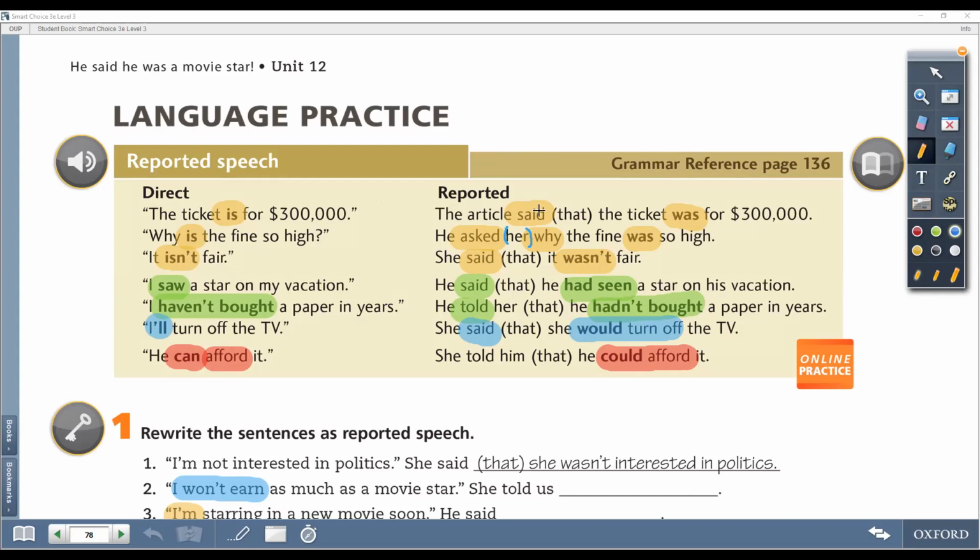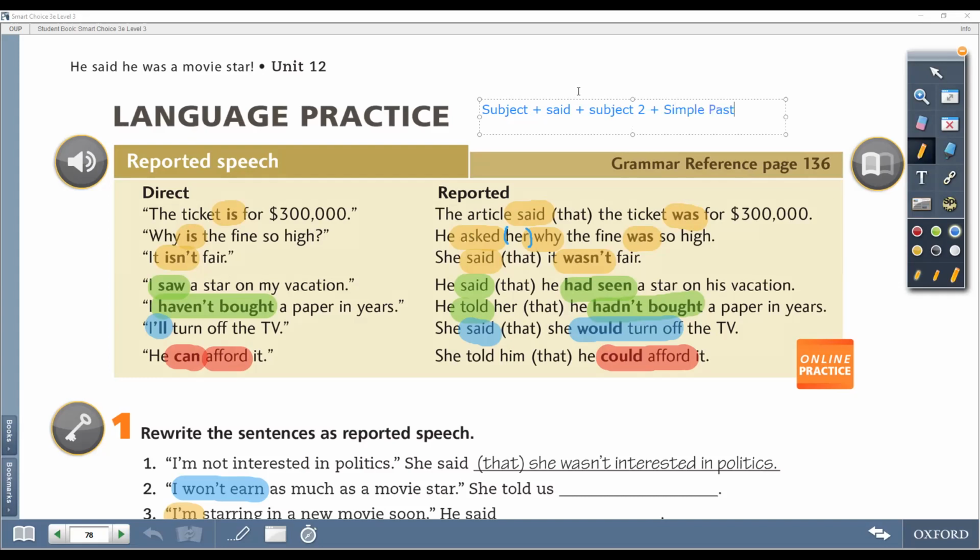Good. And then I have to use a reporting verb, said or asked. Okay, so let's put here subject plus the verb said or the verb asked. Okay, we're going to put here plus the subject again from the other sentence. I'm going to put subject two plus the verb in the past.